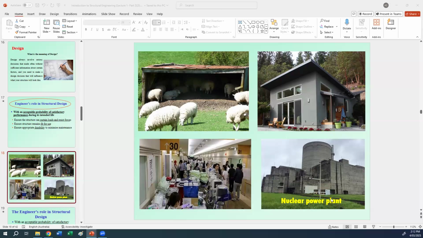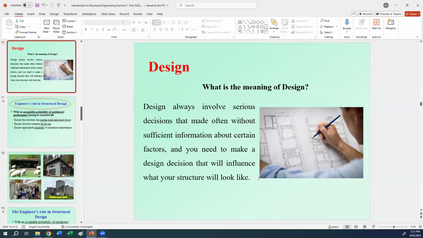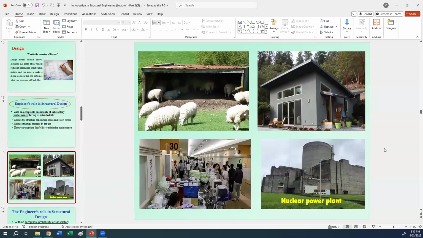So when you are designing a building, the importance of the building also plays a key role in designing the building. This will affect the margin of safety or the factor of safety I was explaining earlier, when we were talking about this part here. So the factor of safety will be affected by the importance of the structure. For example, if we have an earthquake or a volcanic explosion or something like this, the damage will be everywhere in the city.